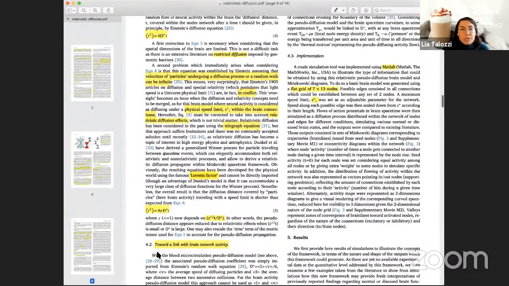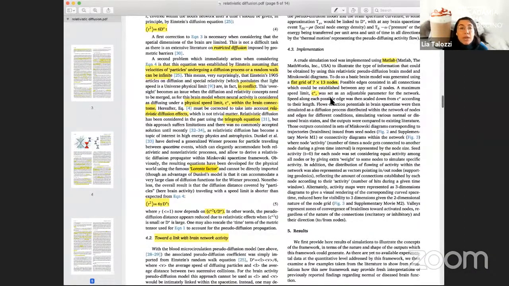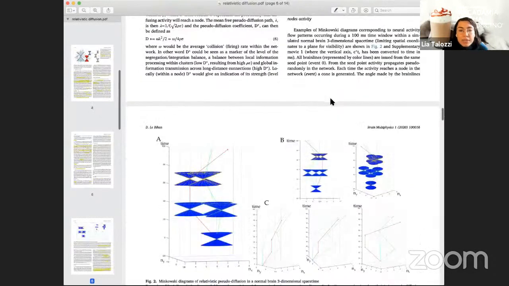And to implement these hypotheses with mathematical modeling, here there are some simulations where you have a grid and you recreate this chain of events of the brain. The idea here is how we are modeling the brain in this framework.